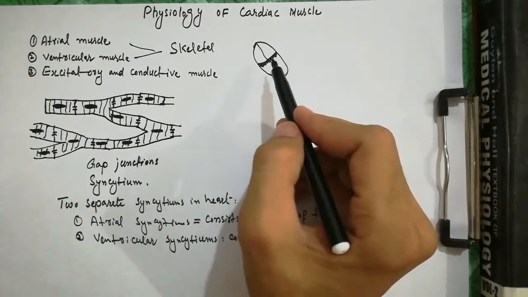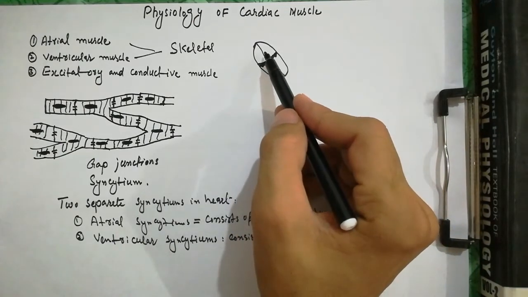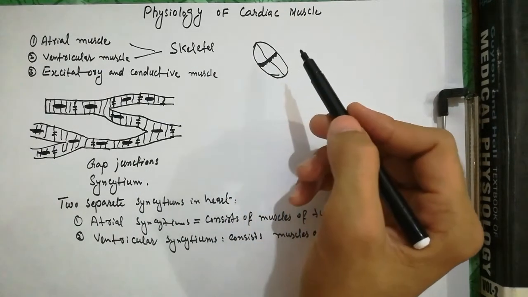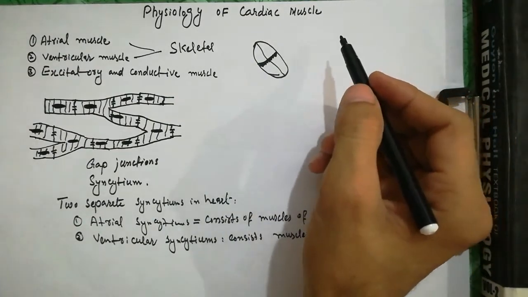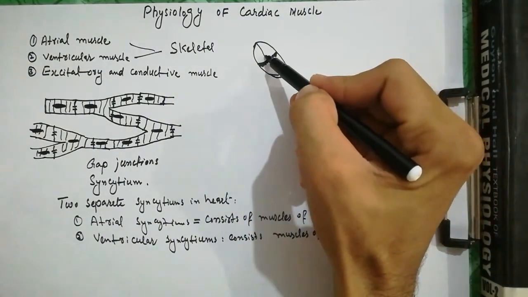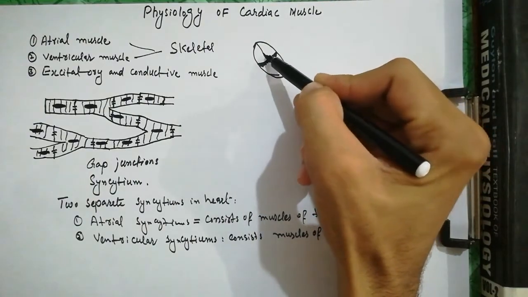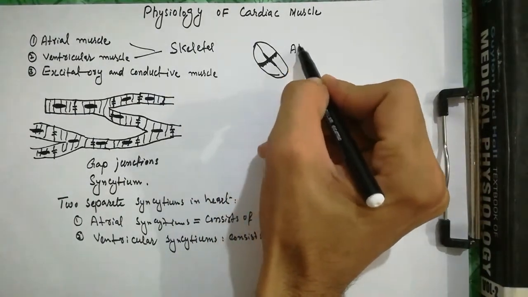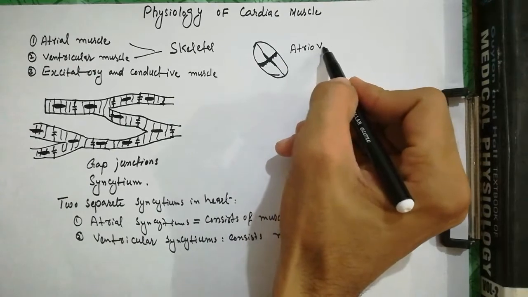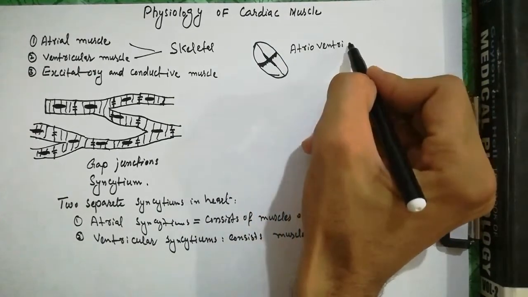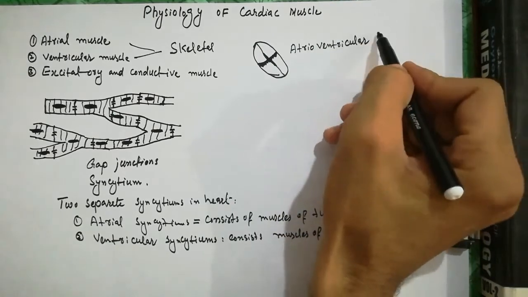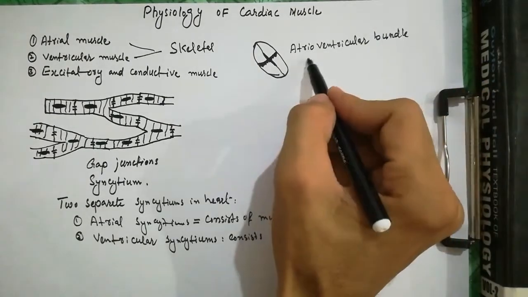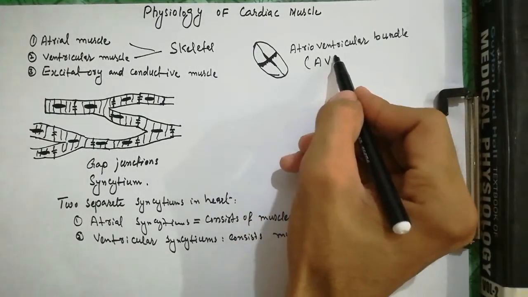So for the current to travel from atria into ventricles, there are specialized conductive fibers called the atrioventricular bundle, or simply AV bundle.